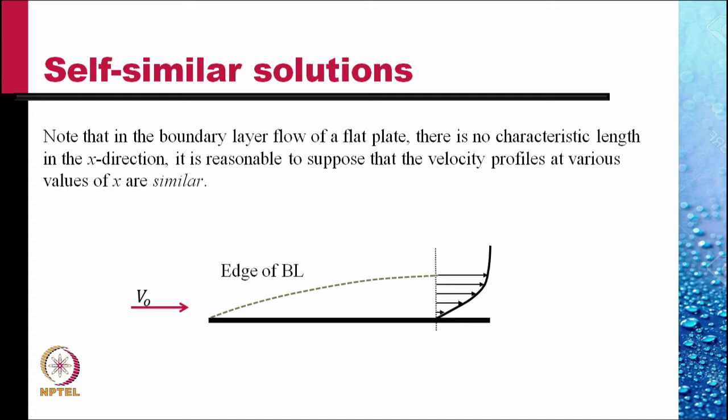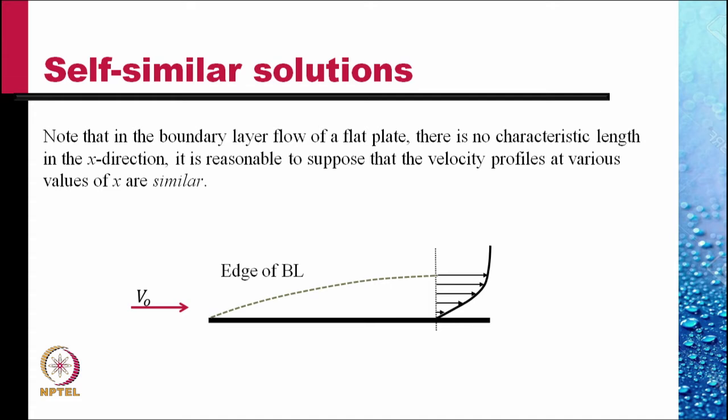We start from x equal to 0. This plate extends to infinity. So there is no characterizing length, and that's why the velocity profiles at different values of x should be similar in certain sense.